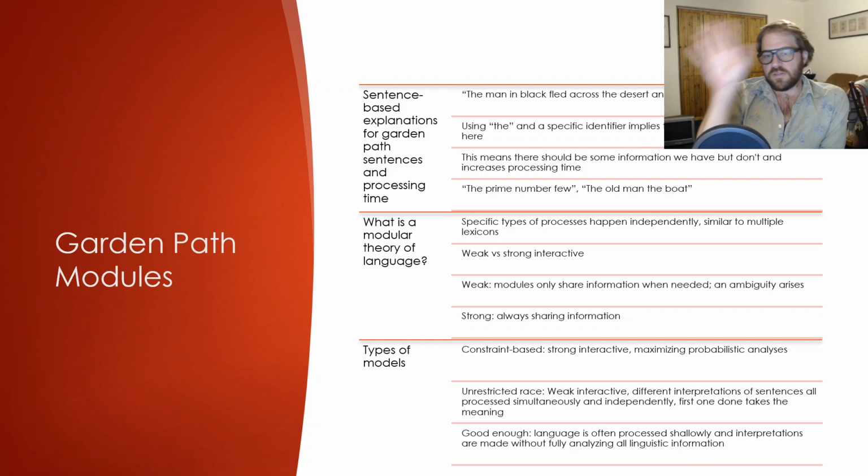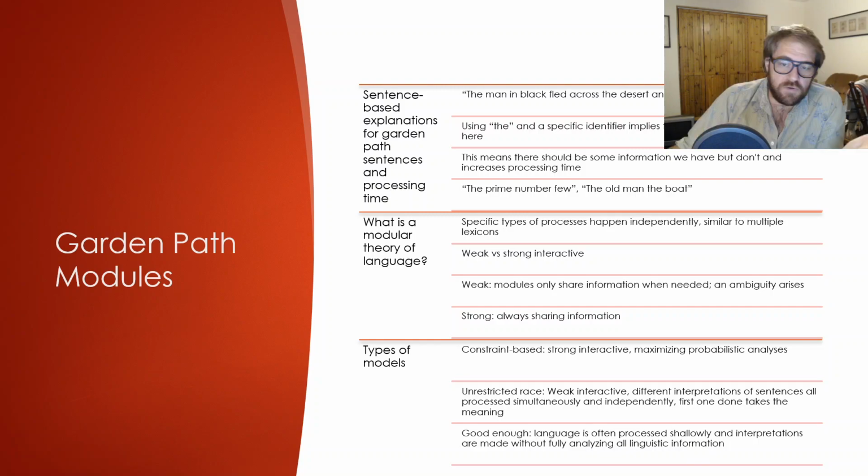It's the man in black and the gunslinger. So it's saying that this guy is one guy and this guy is another guy. So it implies that there's other people here, there's a history, there's something going on. It means that there's some information that we should have and we don't.